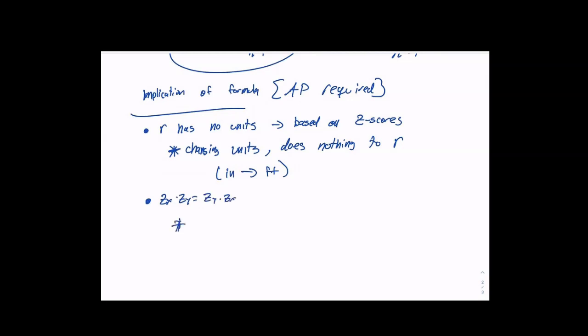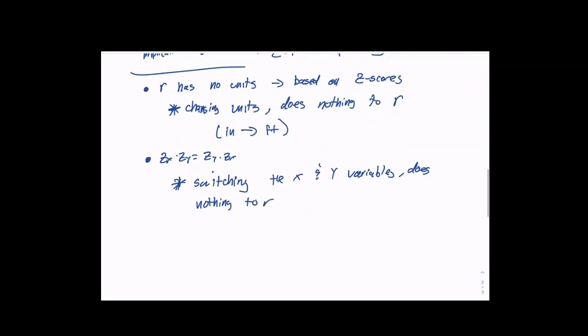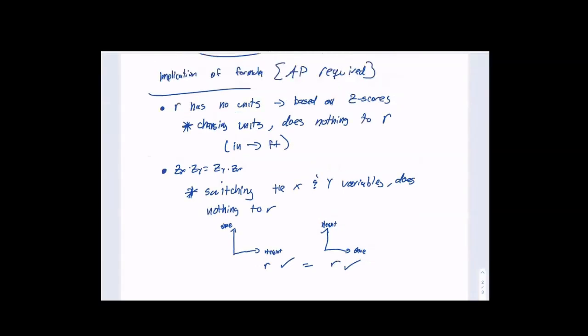What this means is that switching the x and y variables does nothing to R. So it doesn't matter if this is height and this is shoe size, or if I measure this as shoe size here and height here, R is equal to R. The same, you do not change R. The reason behind this is based on this formula right here.